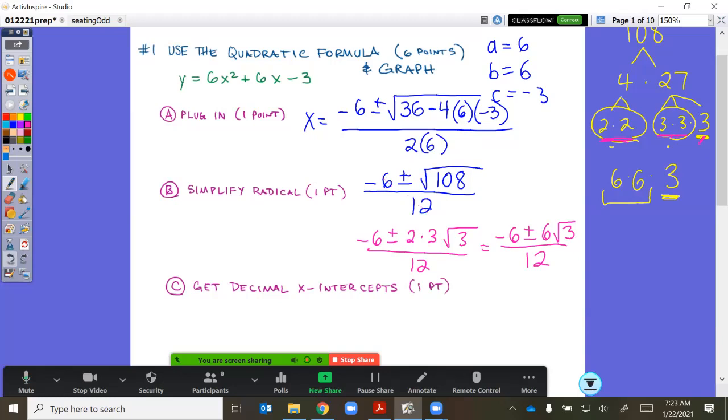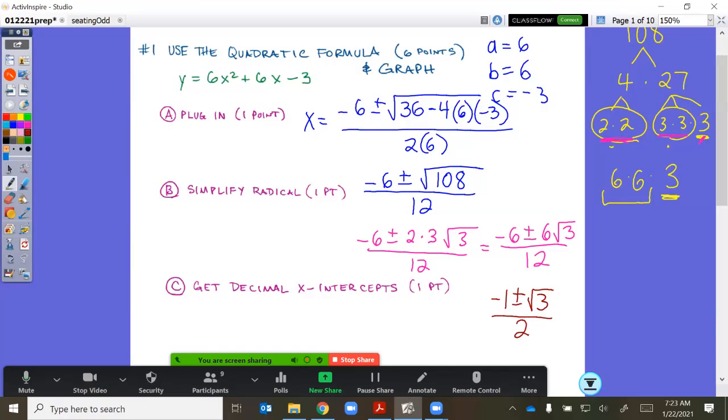You can't just cancel in one direction. So if I do that, the 6s are all going to cancel because 12 has a 6 too, right? So I'm going to get -1 plus or minus the square root of 3 over 2. Do you see how I took all the 6s out?